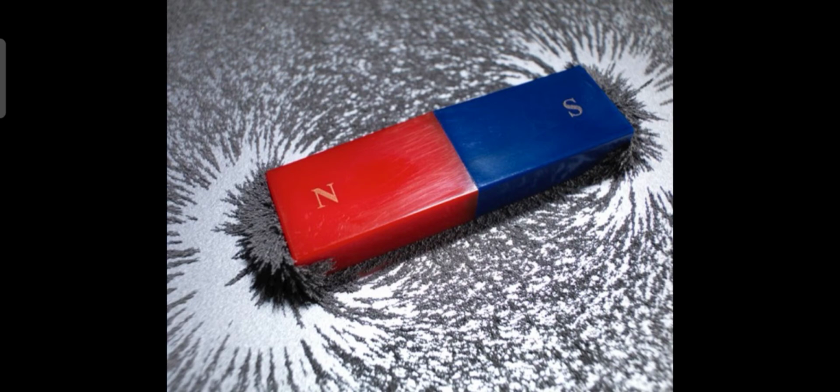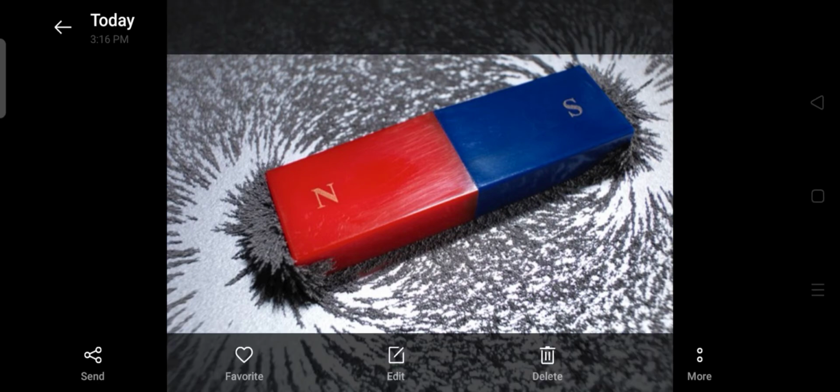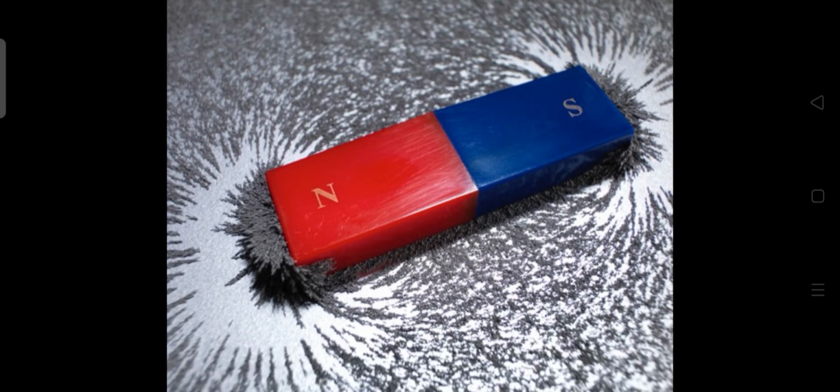So when we place a magnet into the iron powder, you can see that the magnet attracts the iron filings to the poles. You can see one end here, another end here. The iron filings are attracted at the two ends.